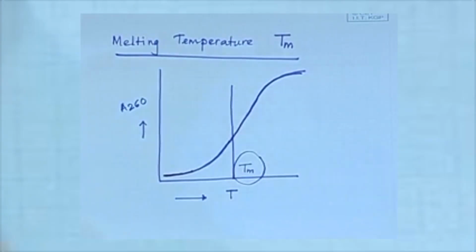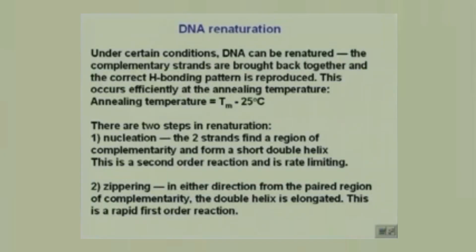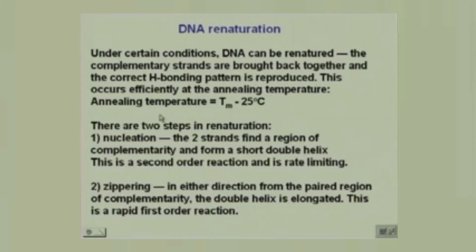Okay? Now, before we get into that, we have the renaturation that we were talking about. So, we have a Tm minus 25 degrees centigrade, that is going to be an efficient annealing temperature where the strands are brought back together. Whatever the Tm is, minus 25 degrees centigrade, it is kind of a rule of thumb, that is the annealing temperature. Now, there are two steps in the renaturation.